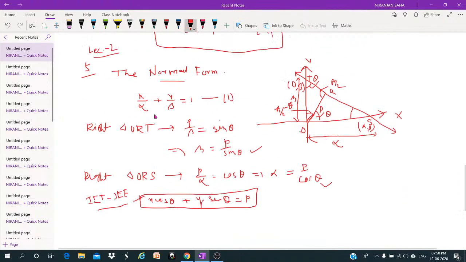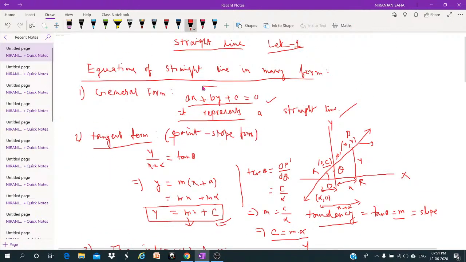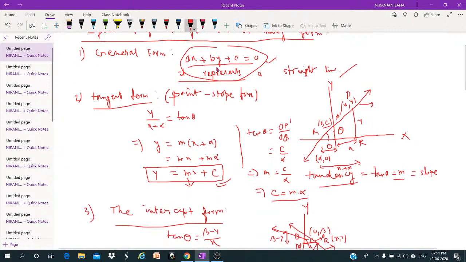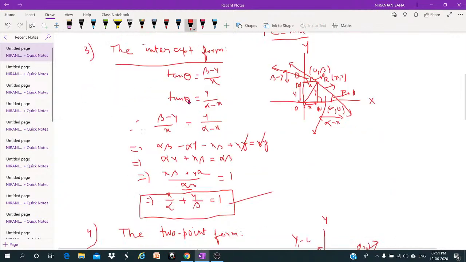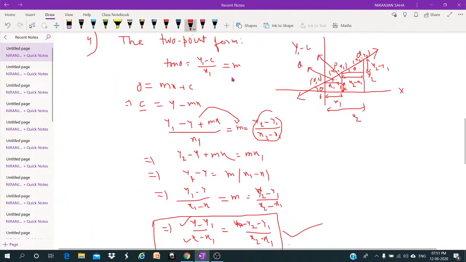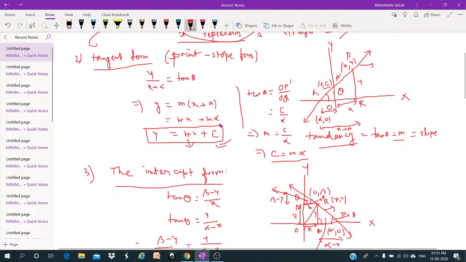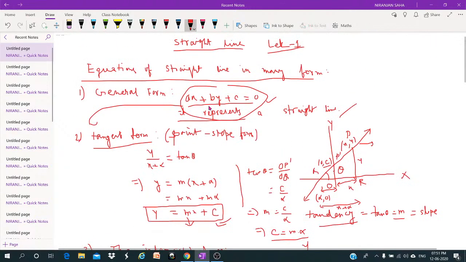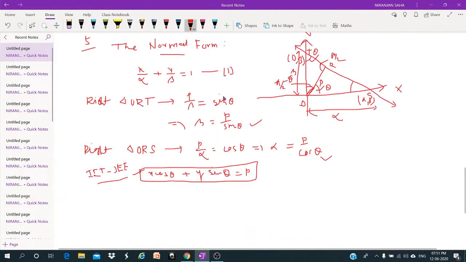So all are important forms of the equation of the straight line. The general form can be transformed into any one form. It can be transformed into the slope form, into the intercept form, into the two-point form if two points are given, and this general form can also be transformed into the normal form. Very easy.